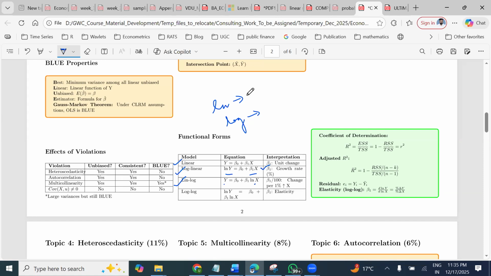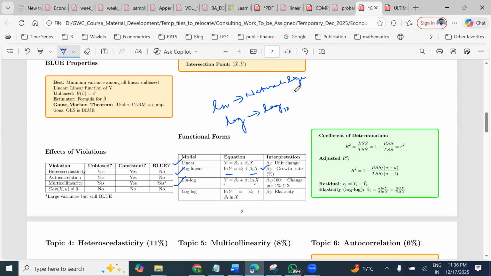I told you one day. ln means natural logarithm, and log is basically log base 10.